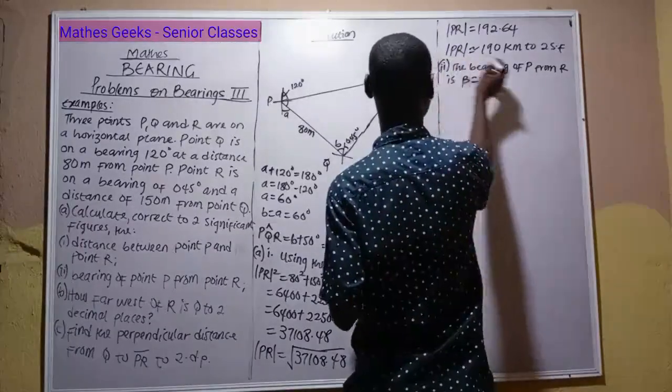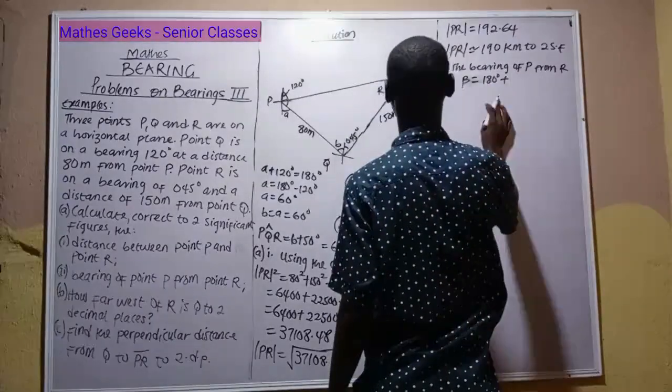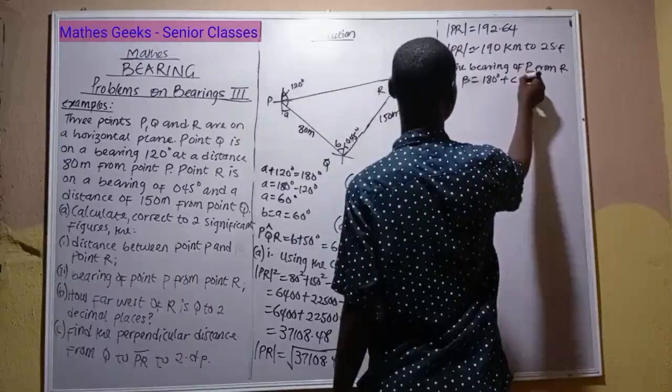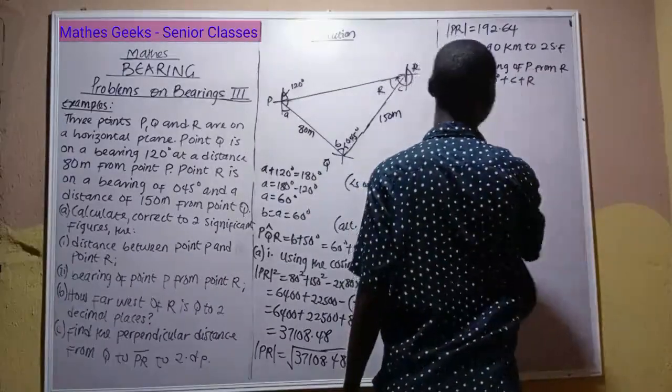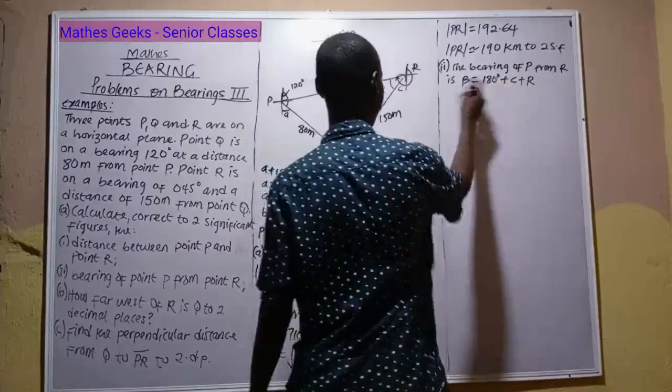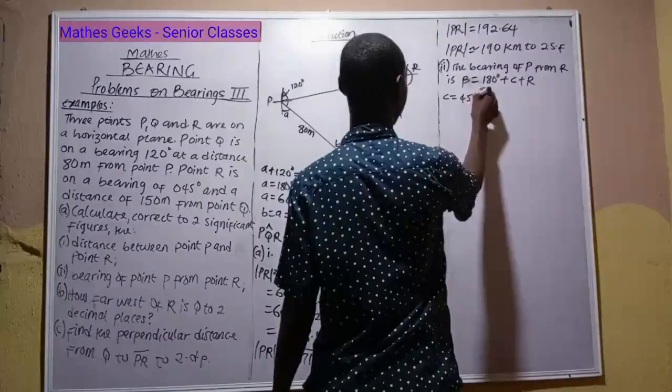Beta is equal to 180 degrees plus C plus R. So C is equal to 45 degrees.